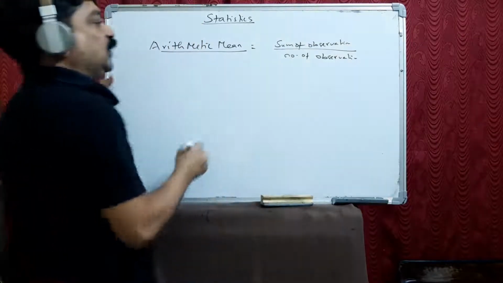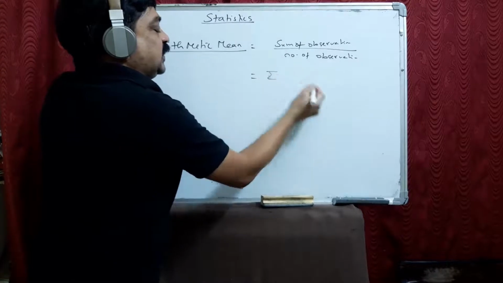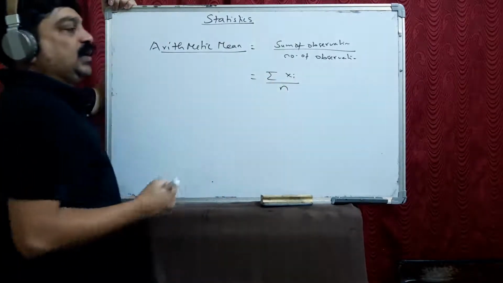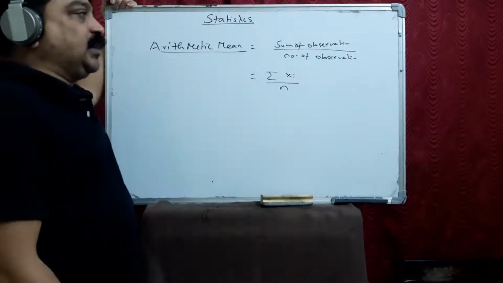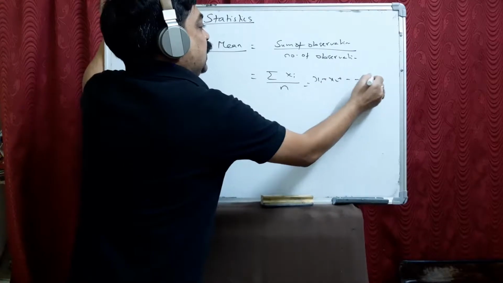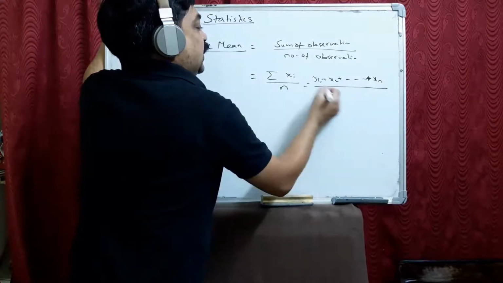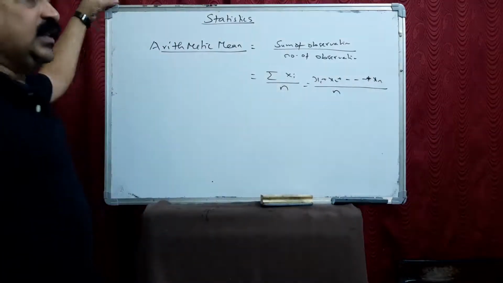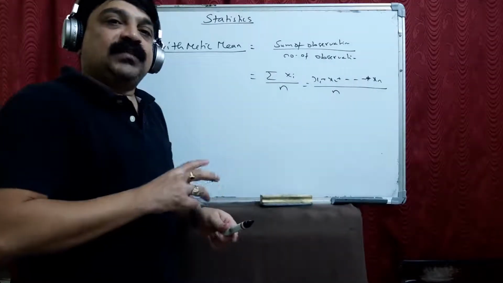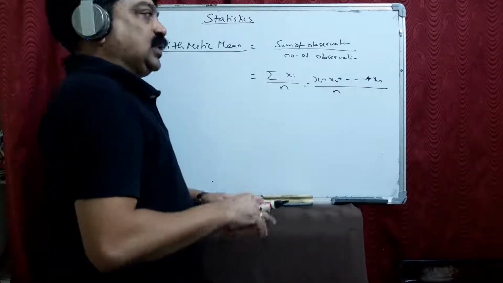This is the basic formula, and we take it as sigma xi by n, where n is the number of observations. Xi is nothing but x1 plus x2 plus x3 and so on till xn, which we write as sigma. This is for ungrouped data, but here you will be given class interval and frequency. We don't use this formula.